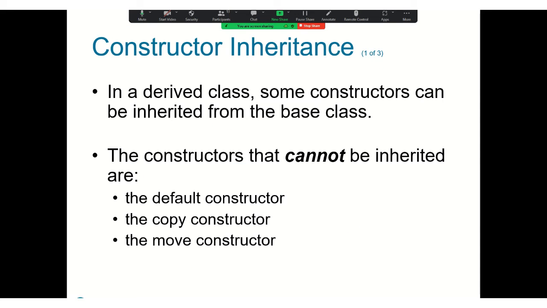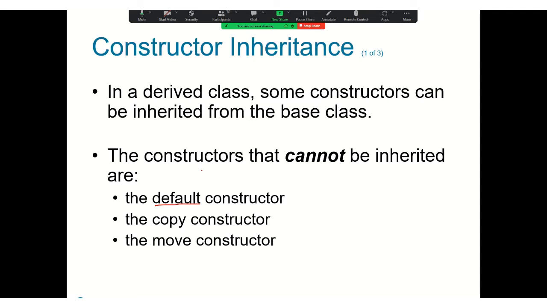Now, constructors can be inherited in a derived class as well. There are some constructors that can be inherited from the base class. The default constructor cannot be inherited. If you have an overloaded constructor, that can be inherited, but the default one cannot.